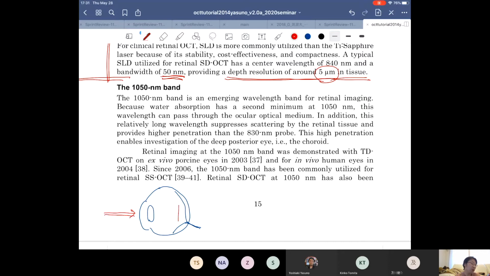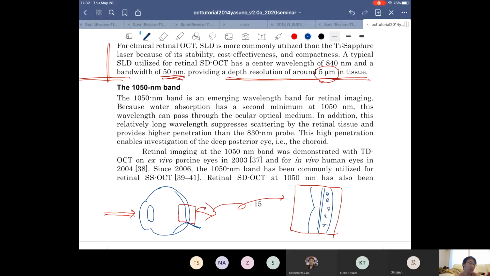Then let's zoom in on this part of the eye. The shape of this part is something like this. Maybe I've drawn this figure once, maybe last time or one time before the last time.